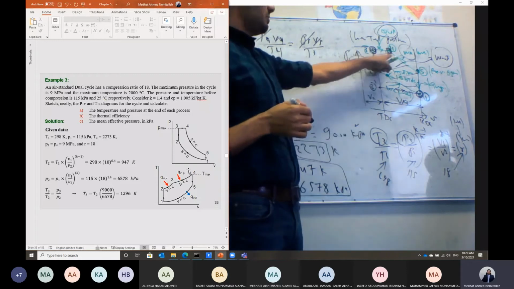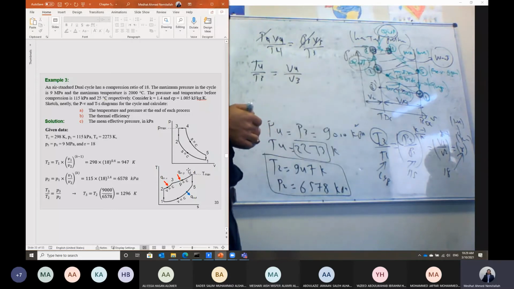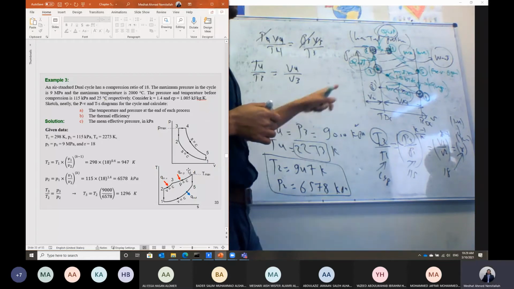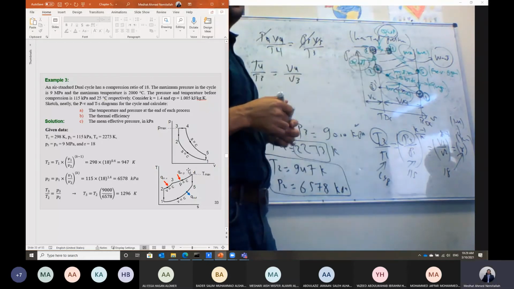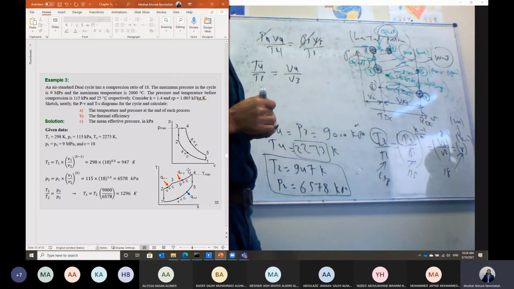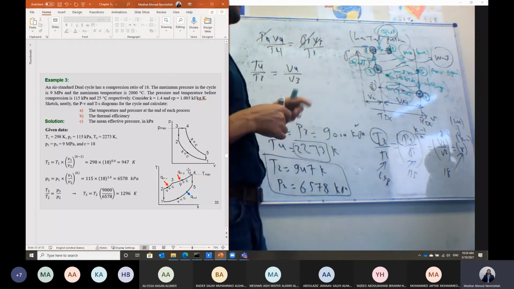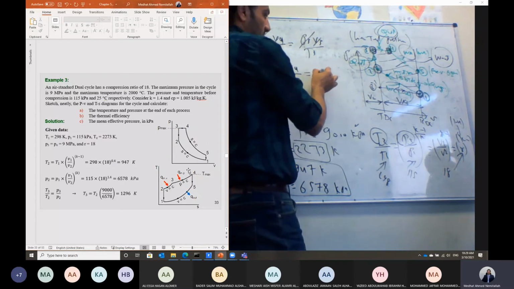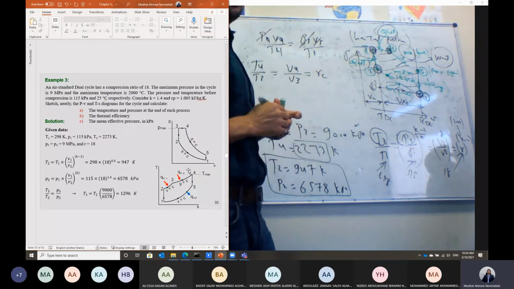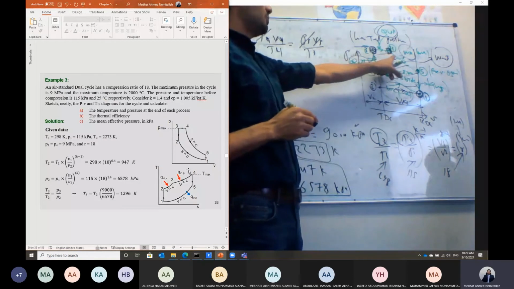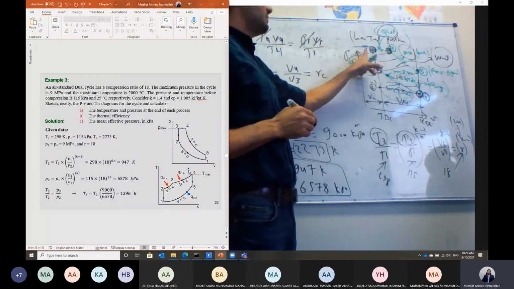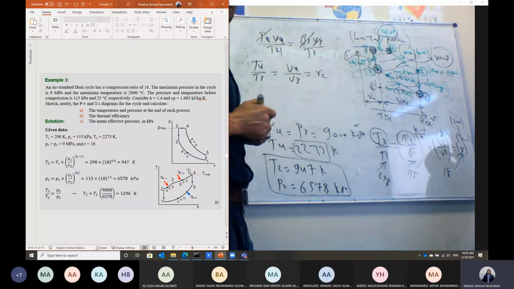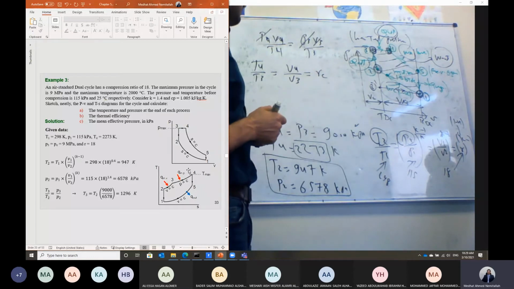V4 over V3 is equal to what? Is it a dimensionless parameter? We have defined it as the cutoff ratio, RC, which is the ratio between the volume after the combustion divided by the volume before the combustion.